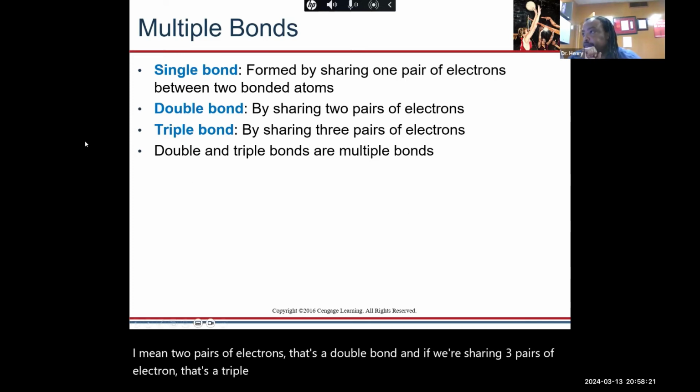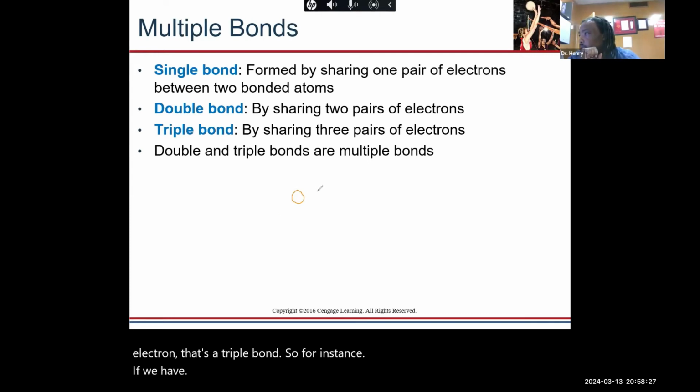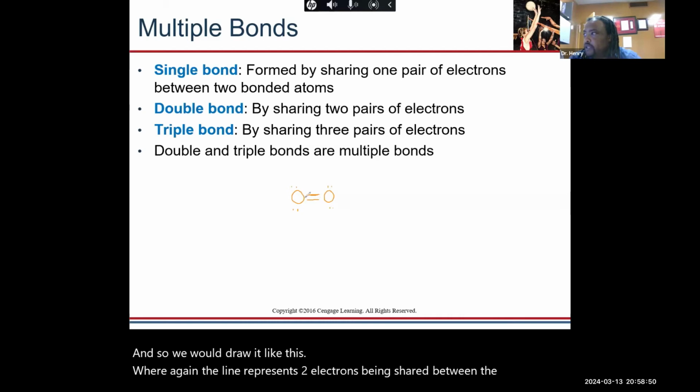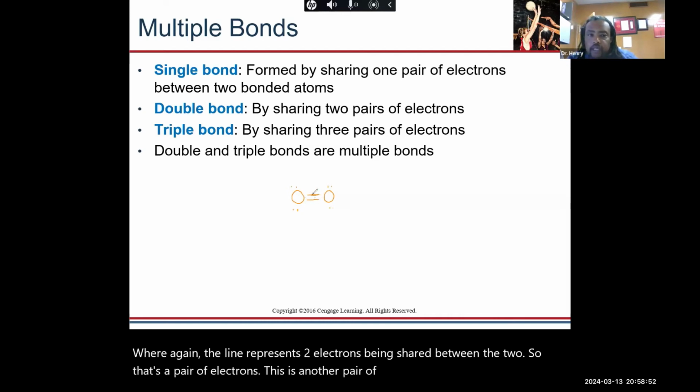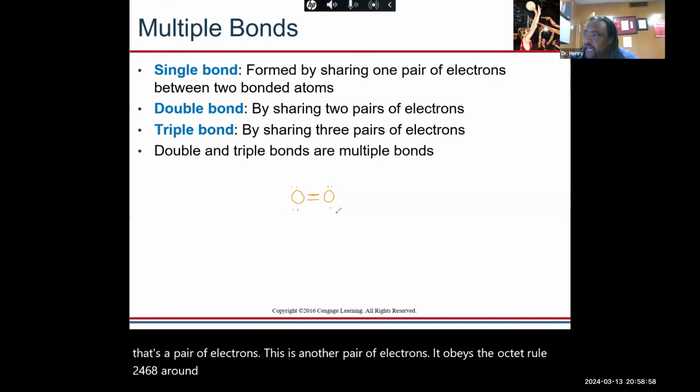So for instance, oxygen and oxygen actually form a double bond, and we would draw it like this, where the line represents two electrons being shared between the two. So that's a pair of electrons, and this is another pair of electrons. It obeys the octet rule: 2, 4, 6, 8 around here, 2, 4, 6, 8 around here.